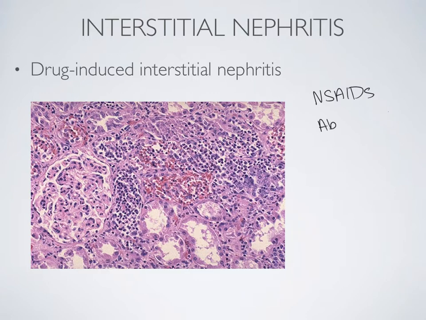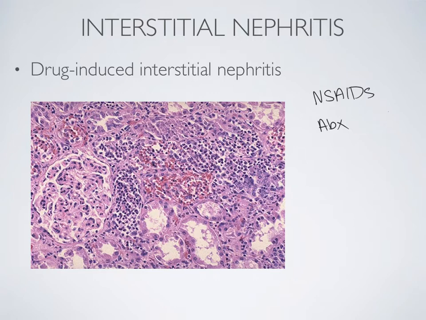And then the other big class of drugs that really cause tubulointerstitial nephritis are antibiotics, especially the synthetic antibiotics. People often do have allergic responses to penicillin, but not very often will they have interstitial nephritis. However, the synthetic ones, amoxicillin, gentamicin, they can really often cause kidney damage.